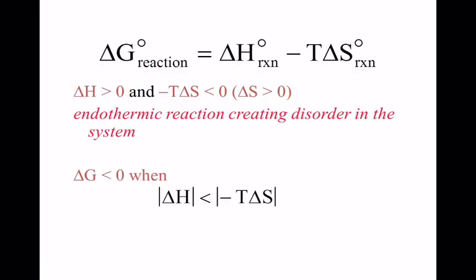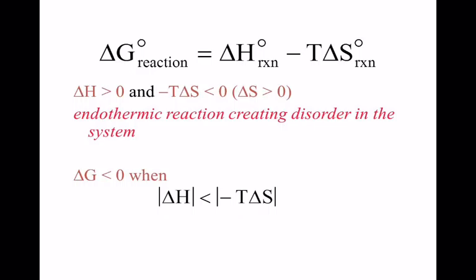So you can get a spontaneous reaction. You can get delta G negative if the magnitude of your enthalpy term is less than the magnitude of your T delta S. In that case, aside from the enthalpy not favoring spontaneity, the entropy saves the day.